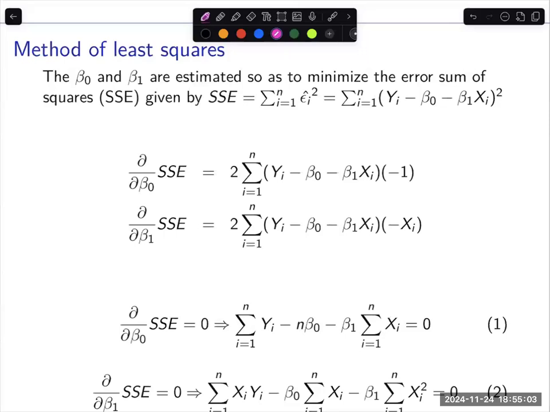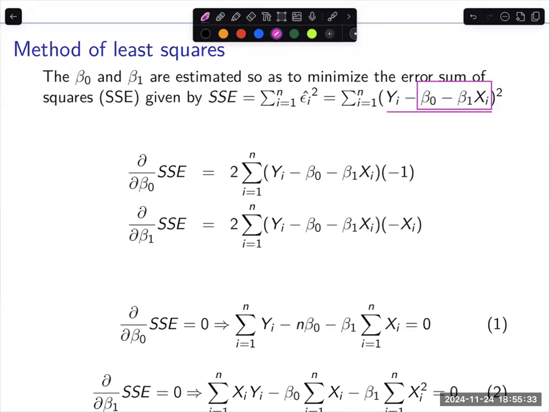That's the reason why we define epsilon i hat as yi minus beta 0 minus beta 1 xi, which is the deviation of the observed yi from the mean model beta 0 plus beta 1 xi, and we want the deviance between the two to be smallest.